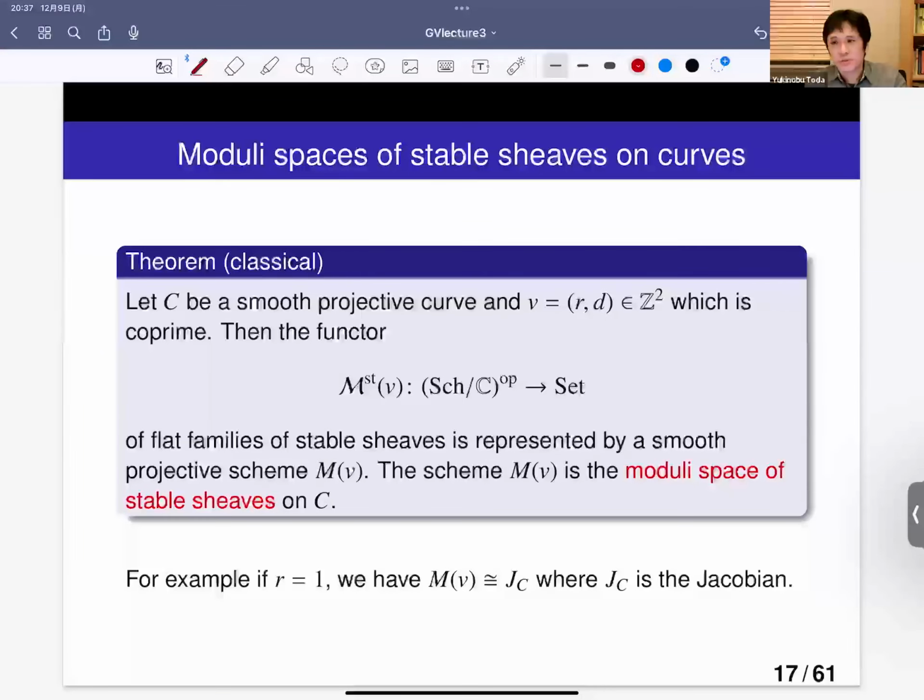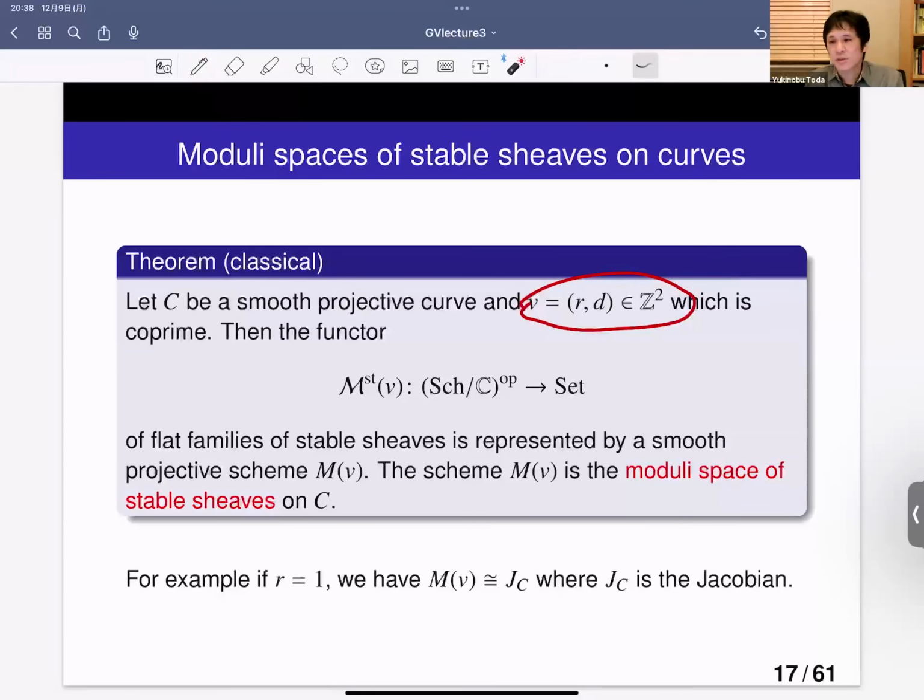So then using the notion of stability condition, we can construct the moduli space of stable sheaves or semi-stable sheaves. So this is a very classical one. For a smooth projective curve, let's take v, a Chern character that is primitive. So this condition implies that there are no strictly semi-stable sheaves of this Chern character.